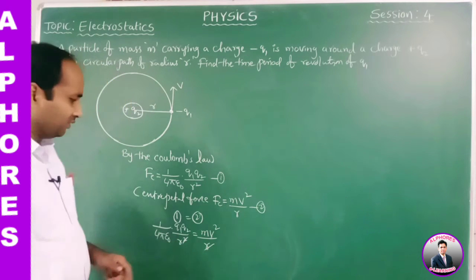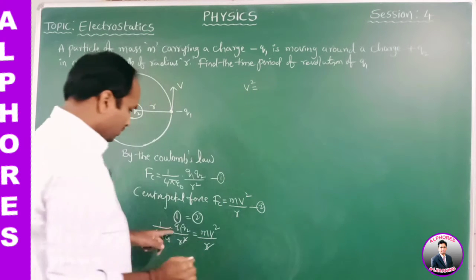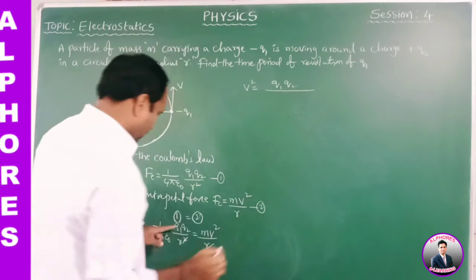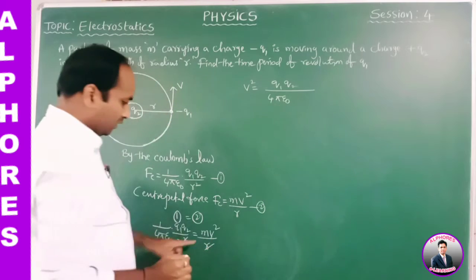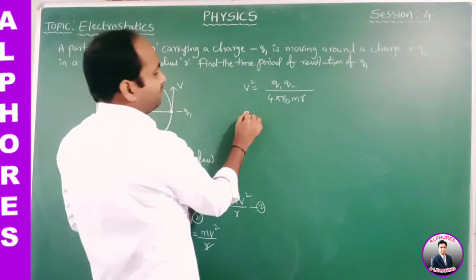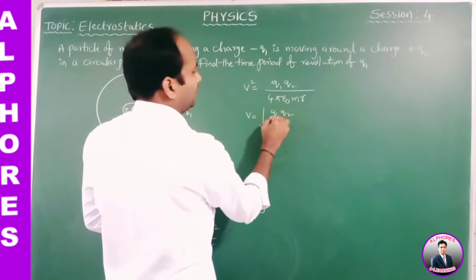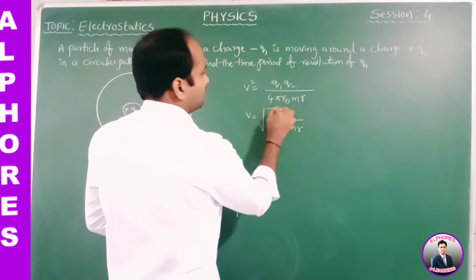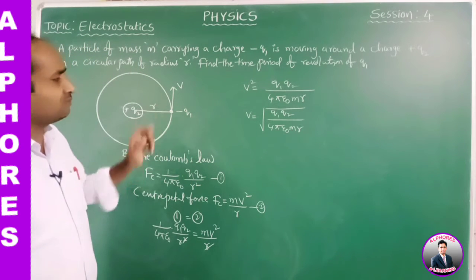From this equation we may write v square is equal to q1 q2 by 4 pi epsilon naught mr. From this, v is equal to the square root of q1 q2 by 4 pi epsilon naught mr. So this is the linear speed of the revolving charge minus q1.